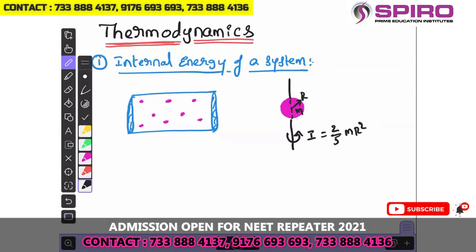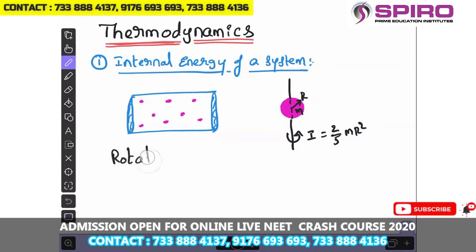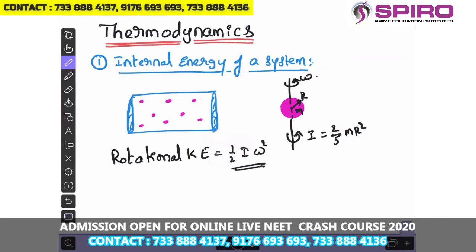By virtue of the rotation about its own axis, it possesses a rotational kinetic energy. The rotational kinetic energy of this molecule is given by half I omega square, where omega is the angular speed with which the particle is rotating about its own axis. That is the rotational kinetic energy.